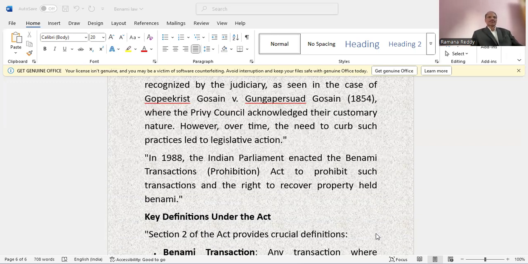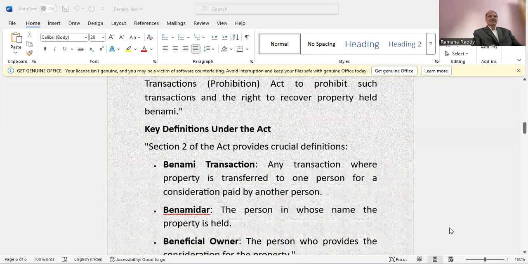Key definitions under the Act. Section 2 of the Act provides crucial definitions. Benami transaction: any transaction where property is transferred to one person for a consideration paid by another person.